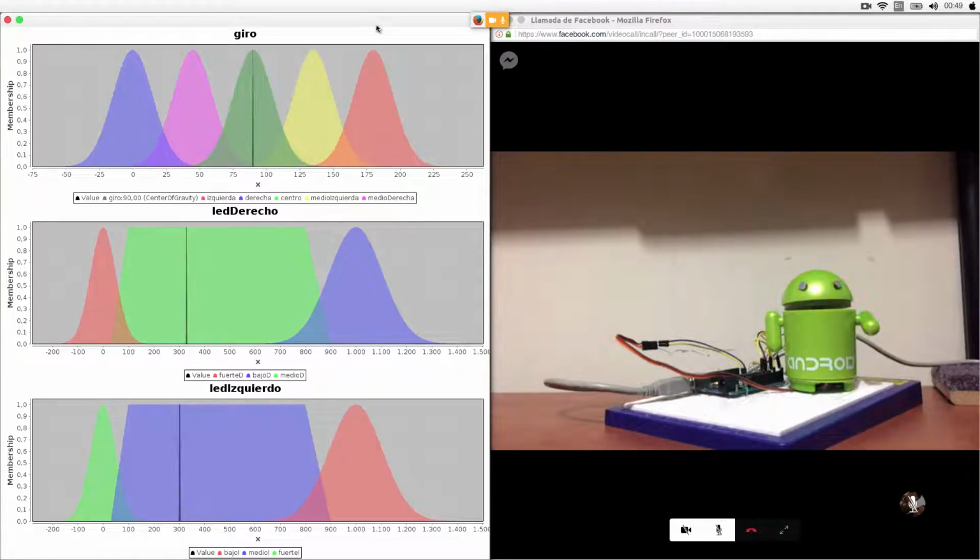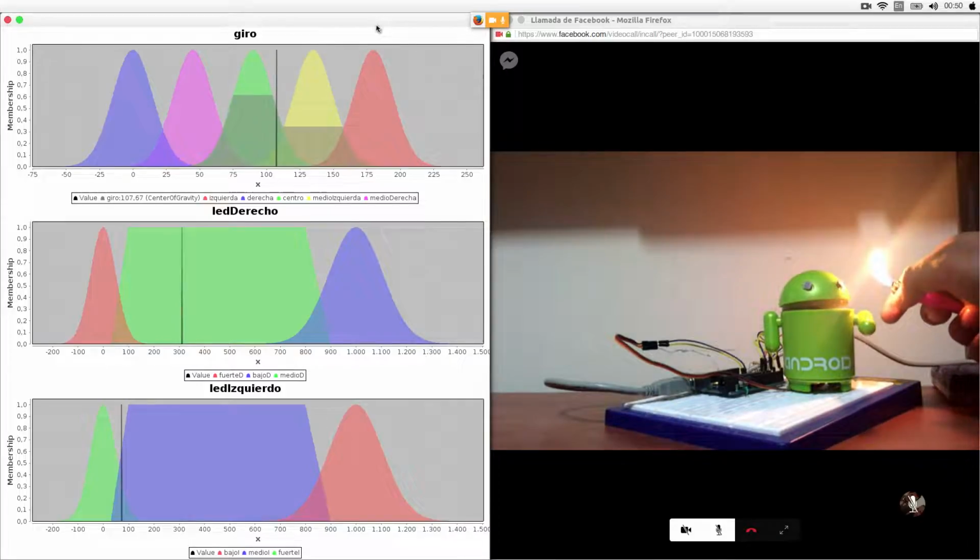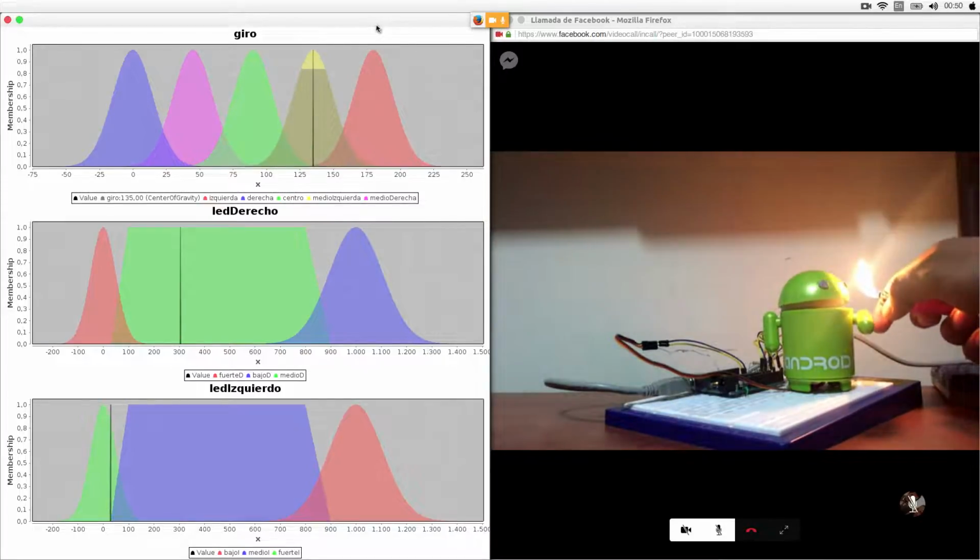Below, we present the operation of the robot. In the first place, we see the robot is centered at 19 degrees. At this moment, we will give light to the left LDR. The robot turns his head to the left.